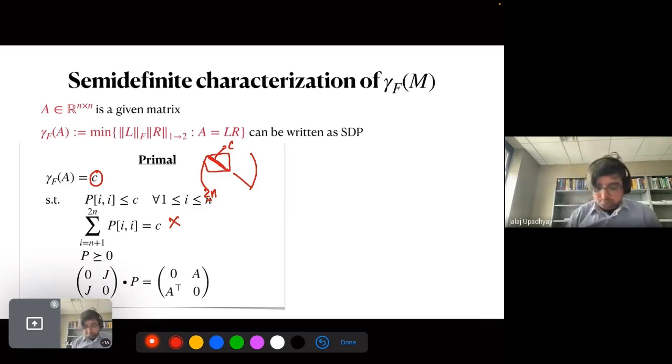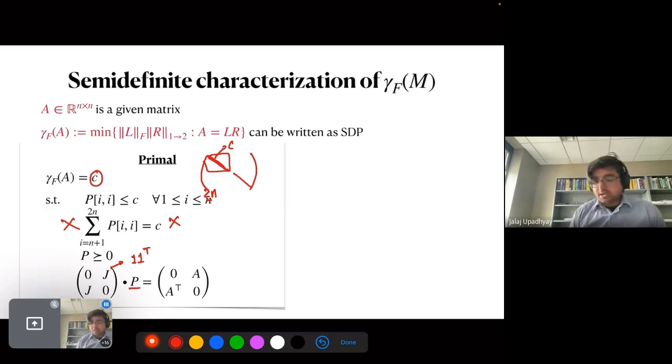So in particular, P has the same entries as the matrix A. J, by the way, stands for the all-ones matrix. Whoever knows about the CB norm will recognize the rest of them to be the same.